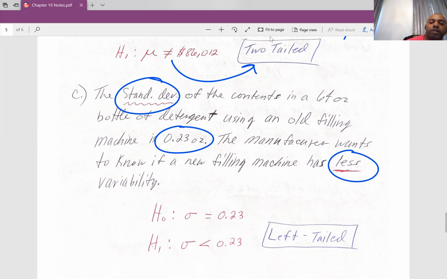And the key phrase is less, so look at less than. And because it's less than, that means it's left tail. Any questions?